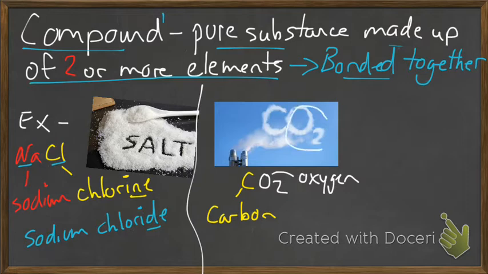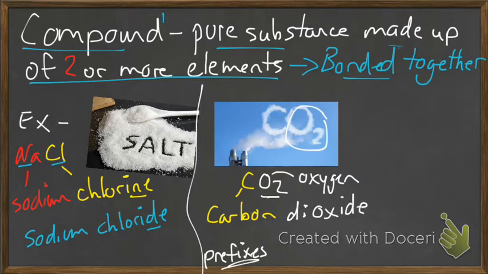There's actually two oxygens, as we see here, and we use different prefixes, and we'll talk more about that in the next video as well. But since there's two oxygens, it's known as dioxide, because in this case, di means two. One more quick example.